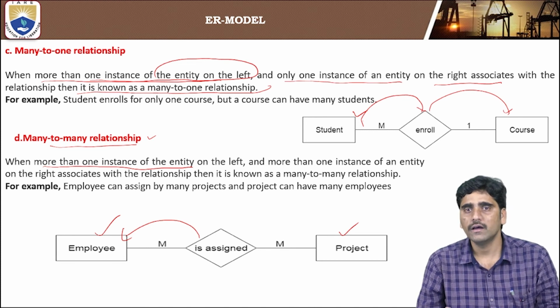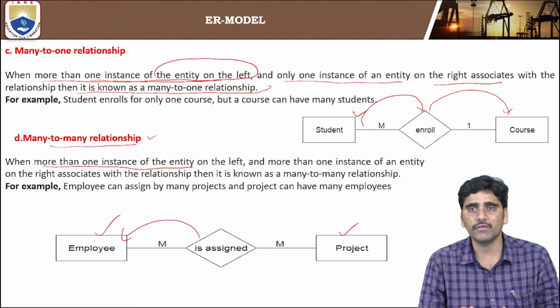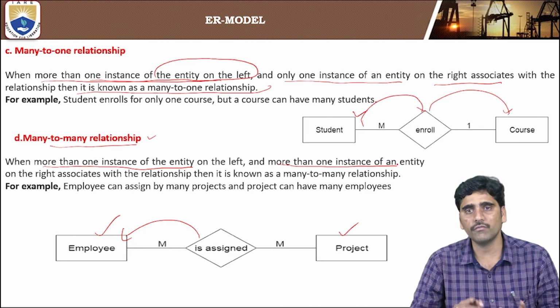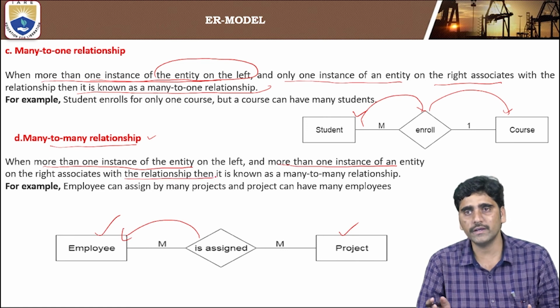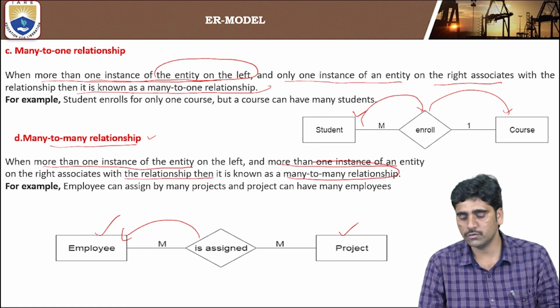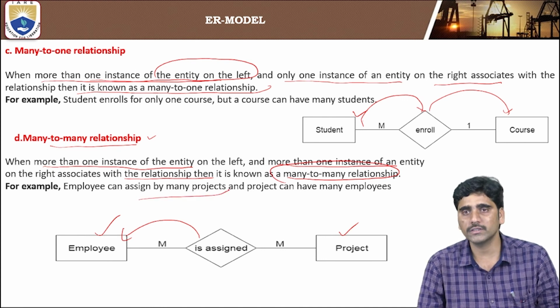See here, when more than one instance of an entity on the left side and more than one instance of an entity on the right side are associated with the relationship, then it is known as what? Many to many relationship. Here the example is what? An employee can be assigned to many projects and a project can have many employees.